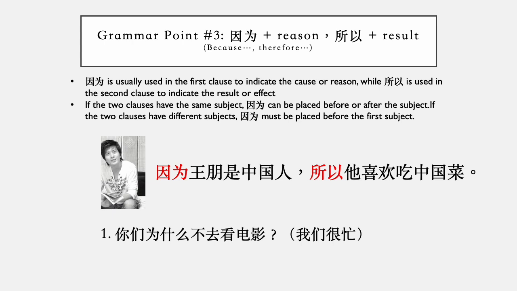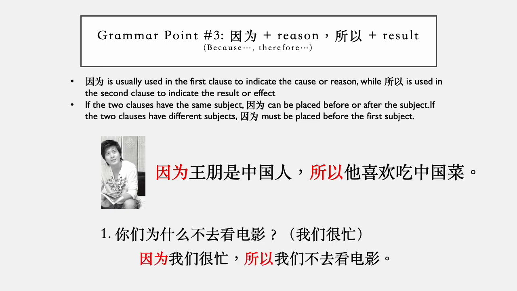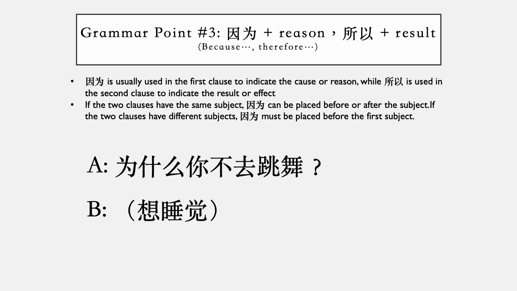So if the question was 你们为什么不去看电影？ Right? Why didn't you watch a movie? Why didn't you guys go watch a movie? And if we wanted to say we didn't go watch a movie because we were busy, we would say 因为我们很忙，所以我们不去看电影。How would we answer this one?